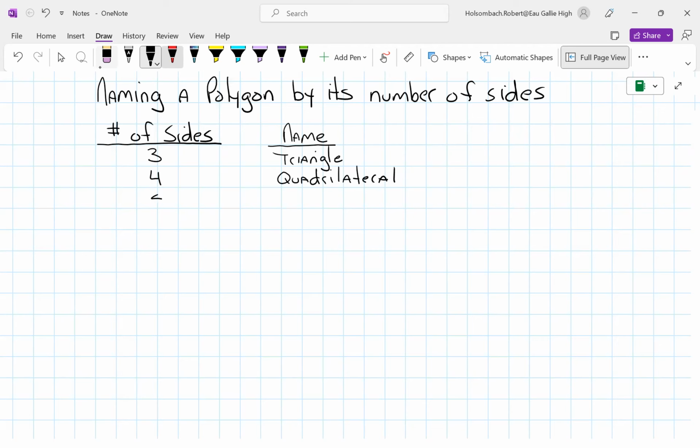And I think most of you guys know most of these, right? 5 sides is a pentagon. 6 sides is a hexagon. 7, heptagon. 8 sides, octagon.